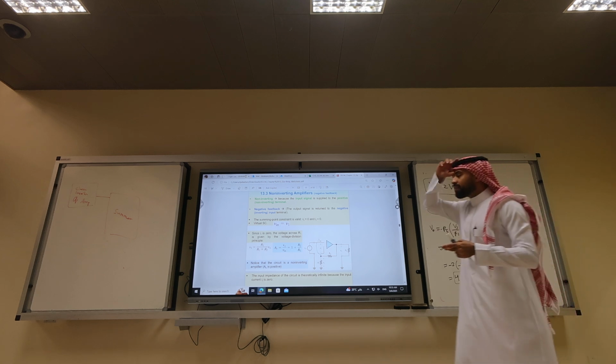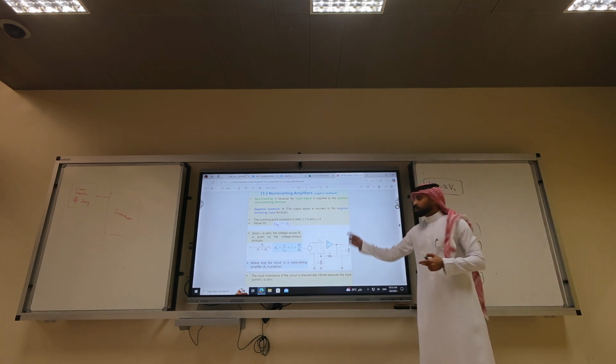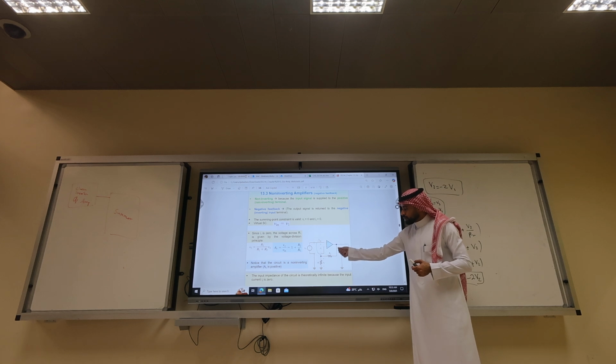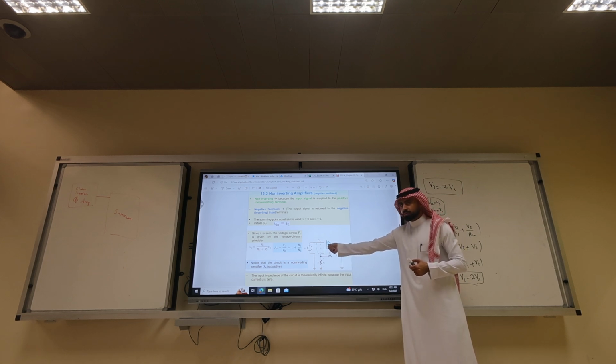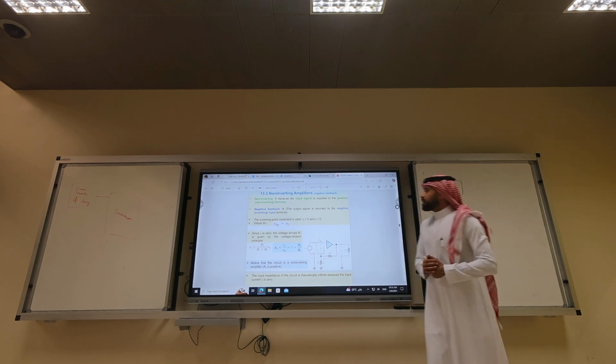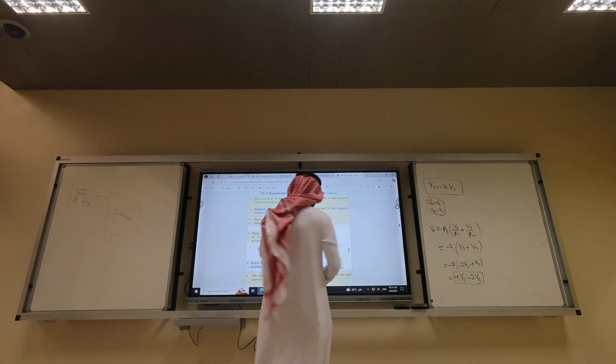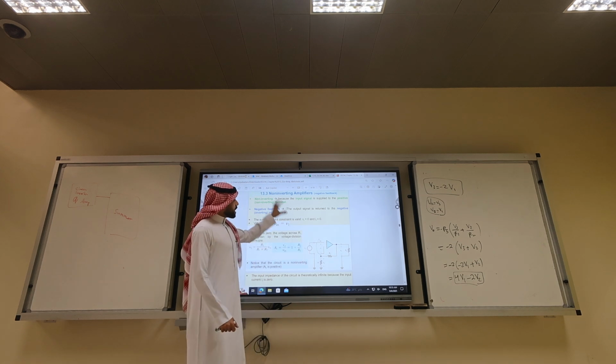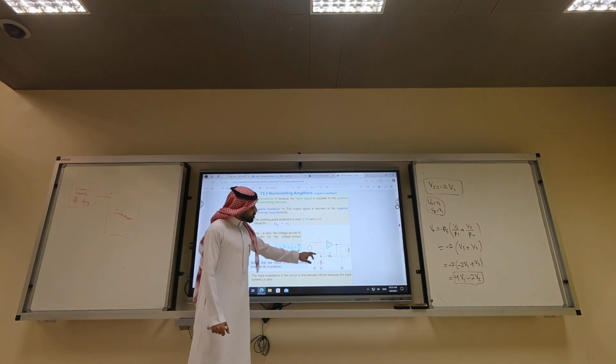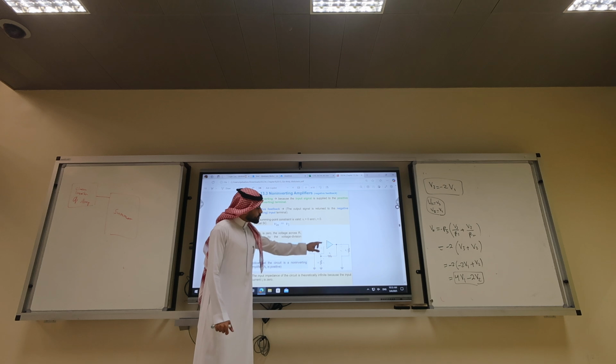Second, they have negative feedback because a cable from the output is pulled all the way to the negative input terminal.